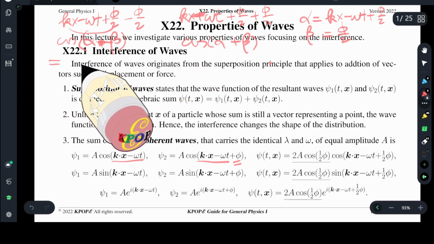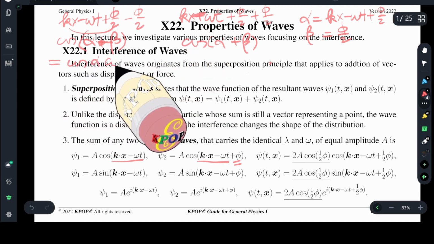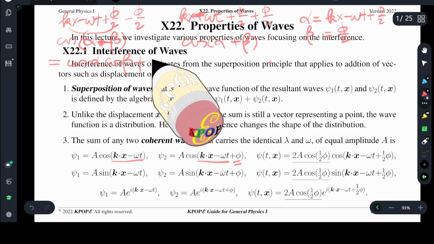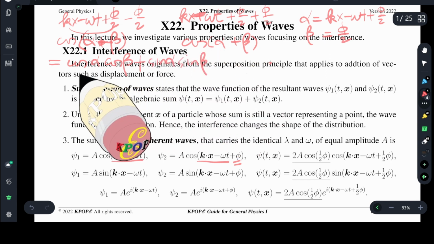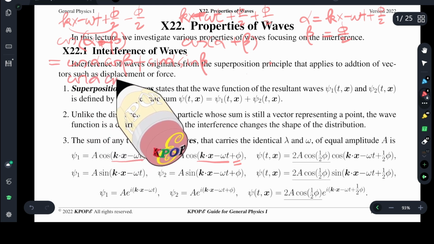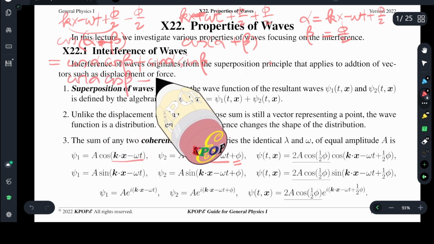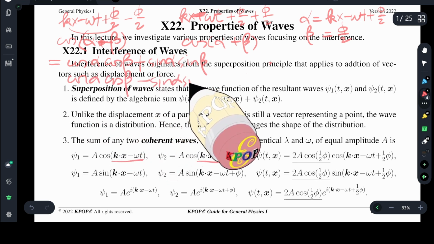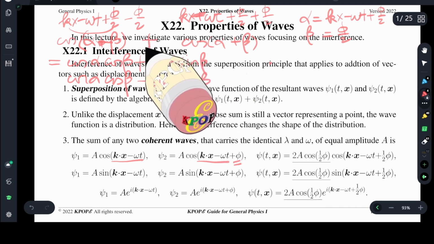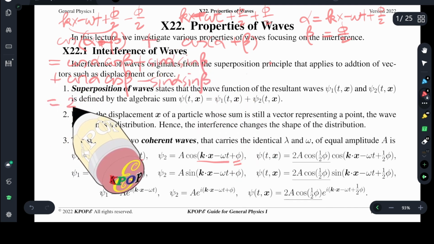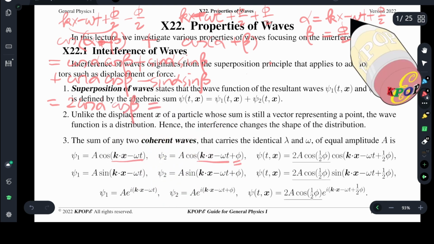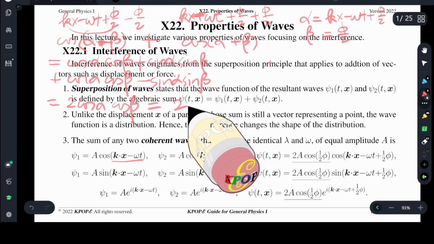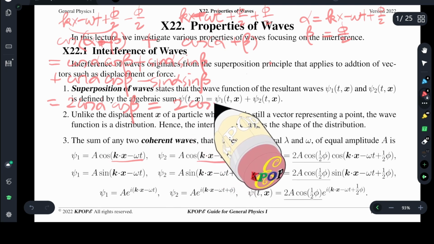If we expand this one, cosine alpha cosine beta plus sine alpha sine beta. And this one, cosine the same, and minus sine alpha sine beta. So if we add these two, what we find is 2 times cosine alpha cosine beta. If we substitute these, you have 2 times the cosine of half of phi.